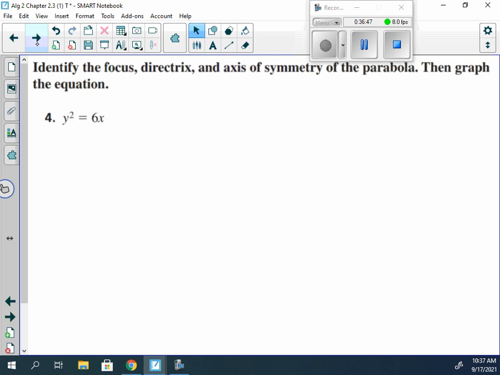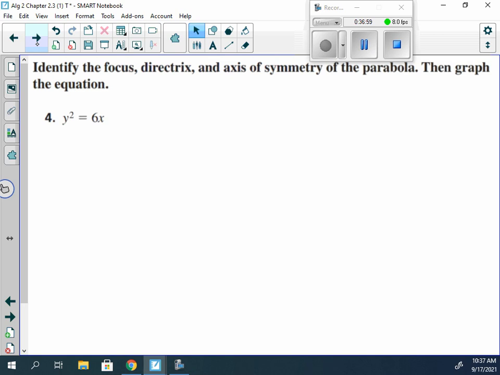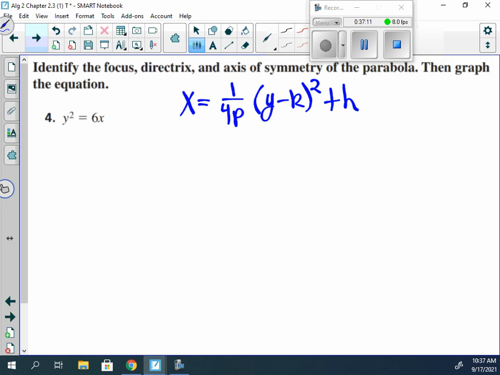So, identify the focus, directrix, and axis of symmetry of the parabola of the equation. So the y is squared, yes? So which equation has y squared? x equals 1 over 4p times (y minus k) squared plus h.